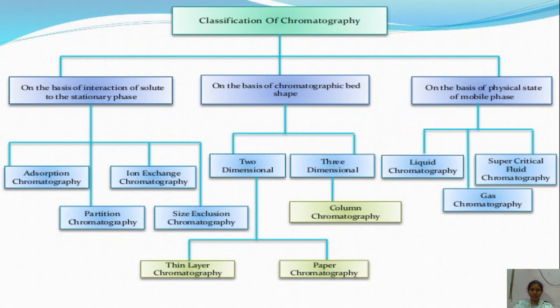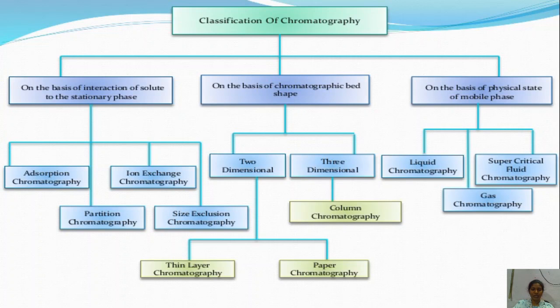If we next move on to the classification of chromatography, there is classification based on different factors. The first classification is based upon the interaction of the solute with the stationary phase, how the solute molecules are reacting with the stationary phase. If the solute molecules are adsorbed on the stationary phase, that type of chromatography is called adsorption chromatography.